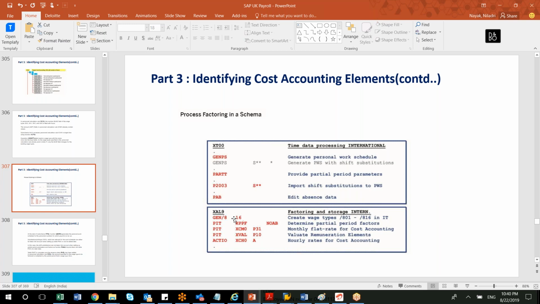It generates all the 16 types of wage types in our input table. It creates all your /801 to /816, all these secondary wage types. How they are calculated, I'll explain with one example, so you'll be able to understand how this calculation is happening. That again will be in part 1.